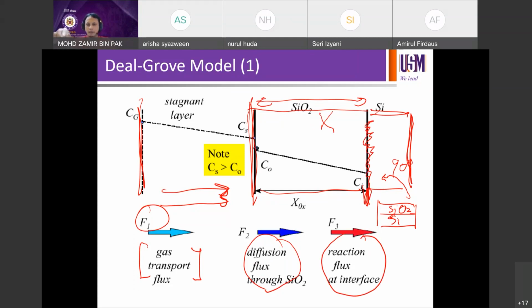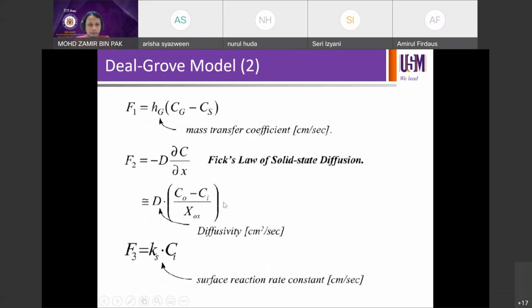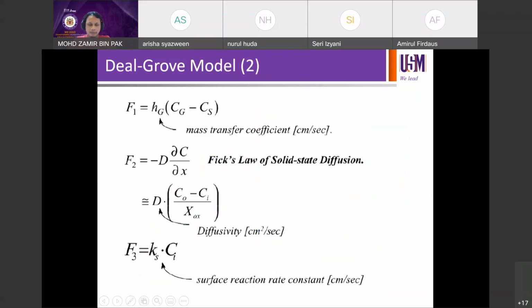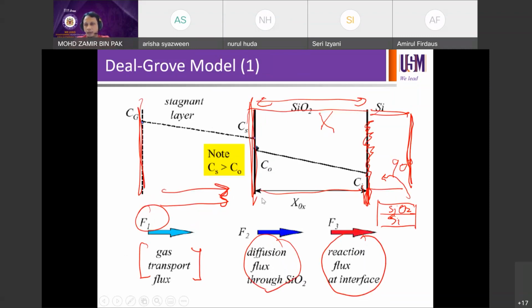But over time, you're going to get more and more oxide, so you're going to see more and more diffusion of flux through the silicon dioxide in order to continue the reaction. Okay, so I'm just going to stop here first, and we're going to discuss in the next class mathematically what is F1, what is F2, and what is F3, and what are the constraints for each flux at each interface. Okay, so is it clear so far?